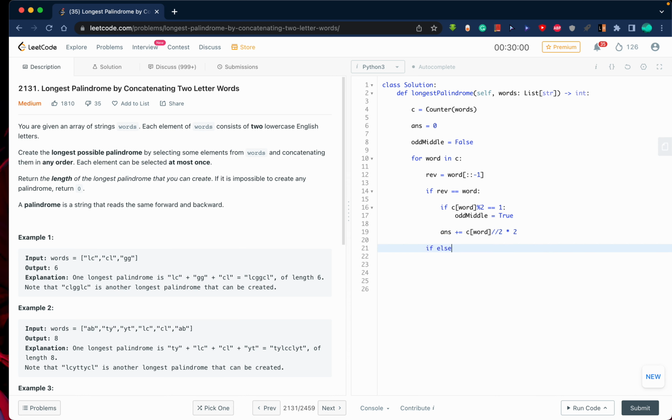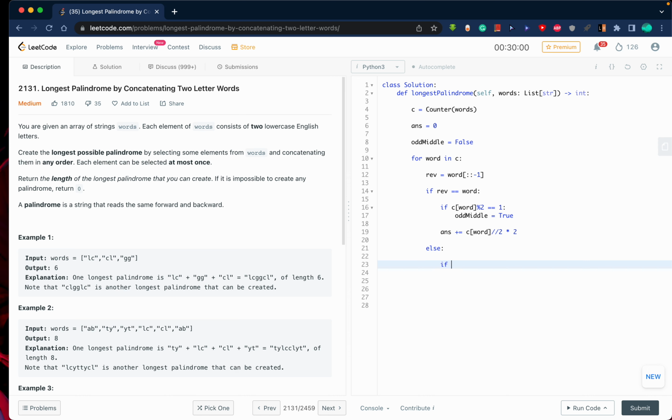And if the word is unequal, in that case I'll see its reverse. Let's say the count of CF is 5 and the count of FC is 3. In that case I can only form 3 pairs, right? So I can only form the minimum of the pairs.